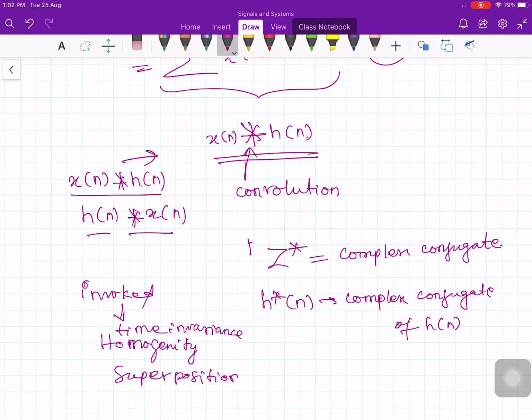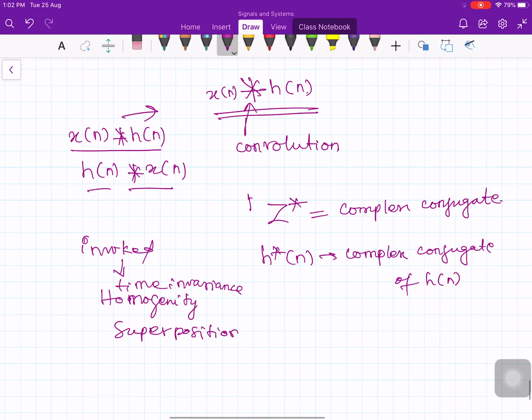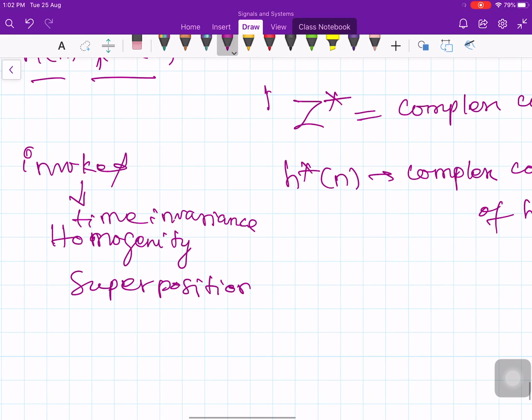Right? If the input is delayed by k samples, then the output is also delayed by the same number of samples. Like if you take delta of n minus k, then the output is also delayed, h of n minus k. So this property is called time invariance.